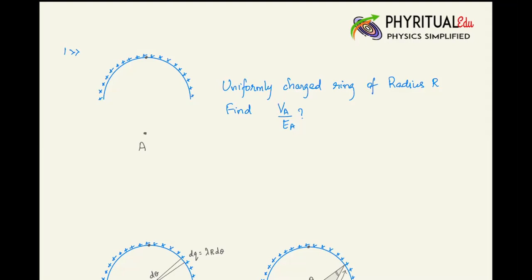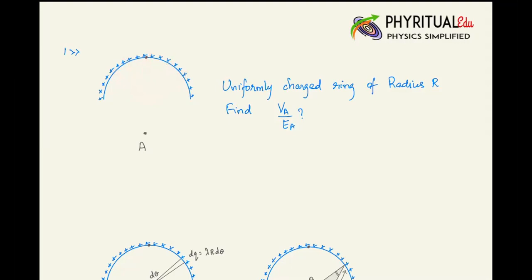So this is a very interesting scenario. Normally what you do is you find the electric field, potential and all at the center of the ring. For the center point, if you take any element on the ring, all the elements are going to be equidistant.